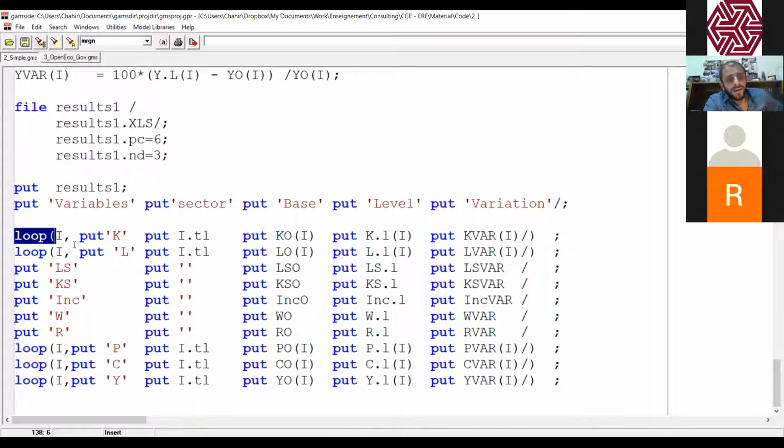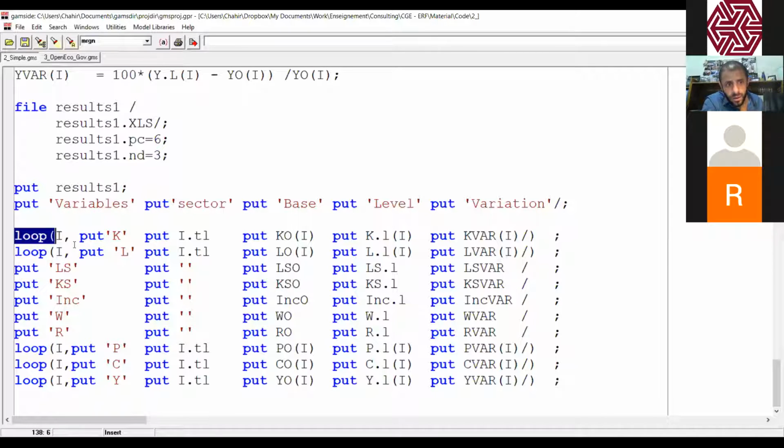And then we tell GAMS to put again K, this didn't change. And then we add a new column that is called sector. And in this sector column, we put the index of interest, which is I.TL. And .TL tells GAMS that the sector I will be replaced by the two sectors that have been declared in the initial set.